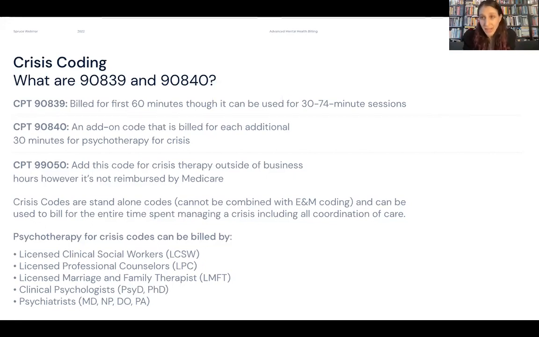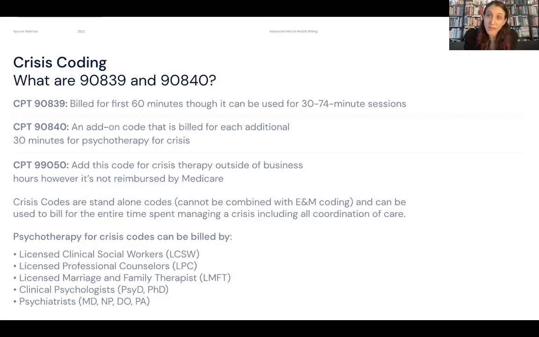What I can tell you is that they reimburse higher than standard psychotherapy codes 100% of the time. I can also tell you that they are much more versatile in a crisis situation because you're able to bill for the complete time you're handling the crisis, not only the time that is face-to-face with the patient.